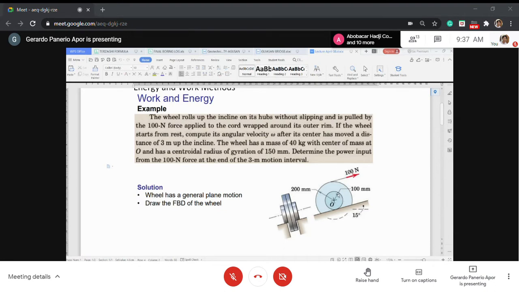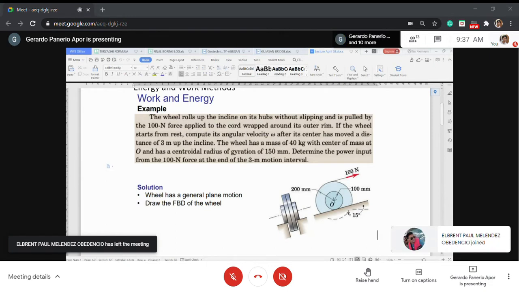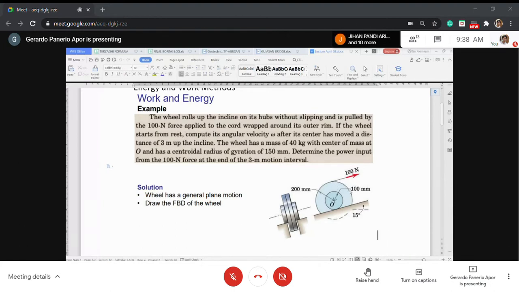But it will not, because there is that cord wrapped around the outer rim, and it is being pulled up. The direction of the force is parallel to the surface of the incline. So if the incline is 15 degrees, the 100 Newton force is also 15 degrees with respect to the horizontal.